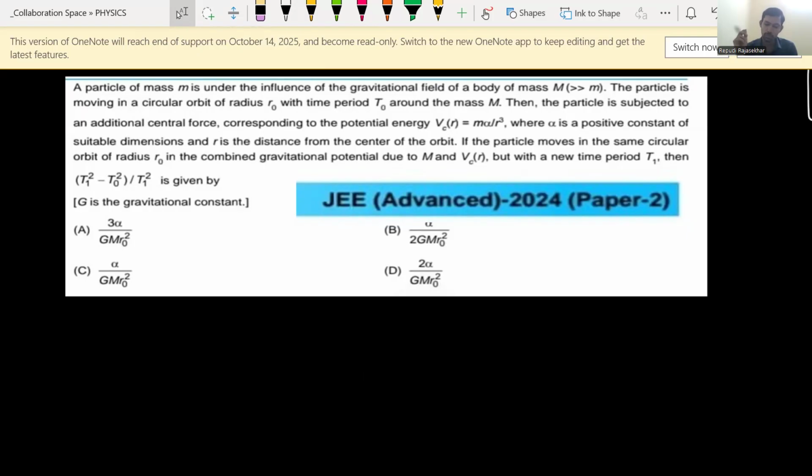If the particle moves in the same circular orbit of radius r0 in the combined gravitational potential due to M and the additional potential, but with a new period T1, then (T1 square minus T0 square) whole divided by T1 square is given by.